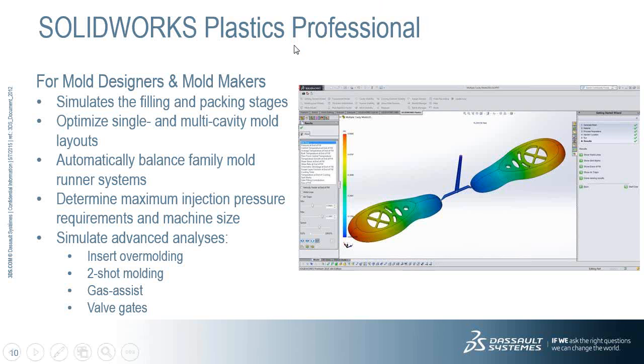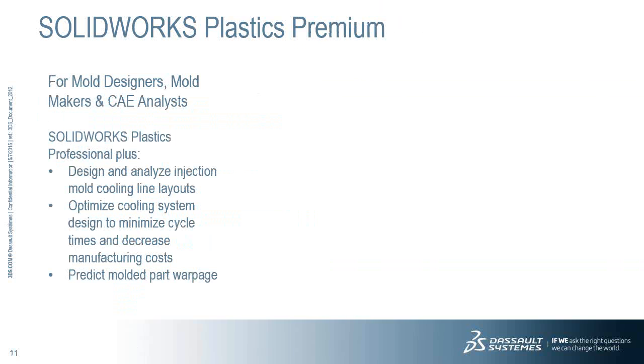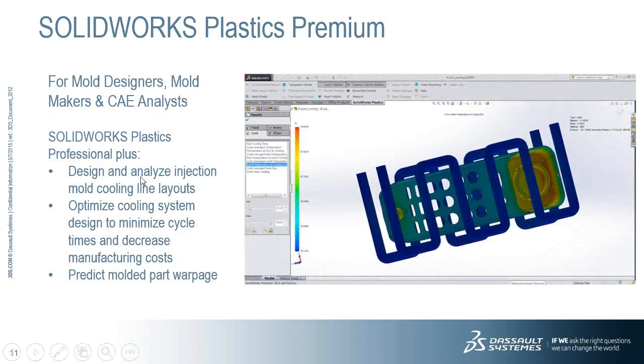Now let's look at the ultimate version of SolidWorks Plastics, which is called SolidWorks Plastics Premium, which is for mold designers, mold makers, and CAE analysts, wherein I want to analyze different types of analysis.